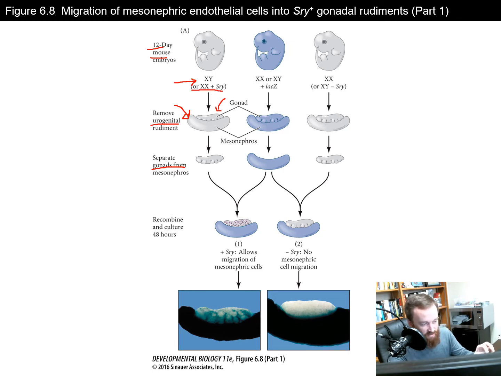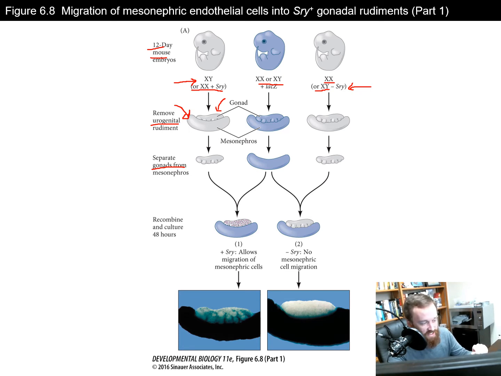In our second sample, we have either an XX or XY mouse, so just a control mouse, that they've stained with LacZ, so it's this dark blue color. And then on the far right side, we have an XX female mouse, or an XY mouse where we've deleted SRY off of that XY chromosome, so it's missing that master switch.